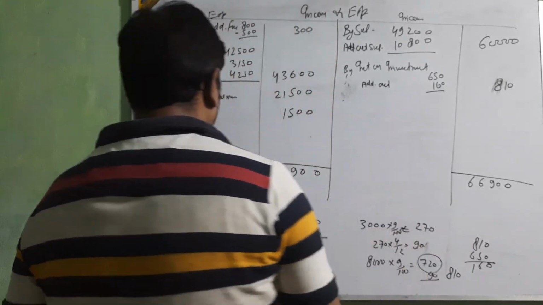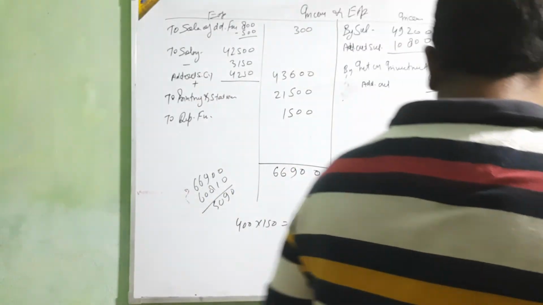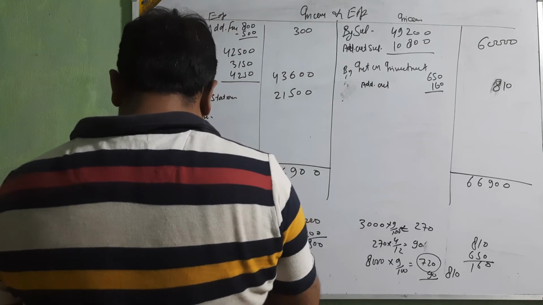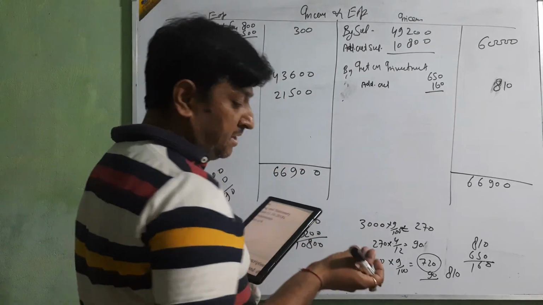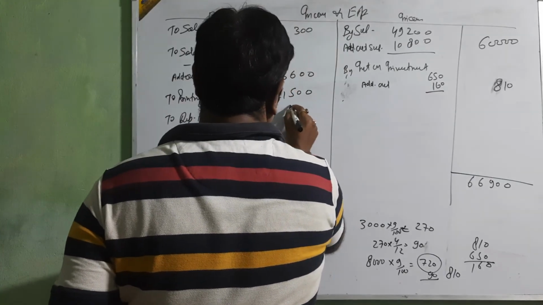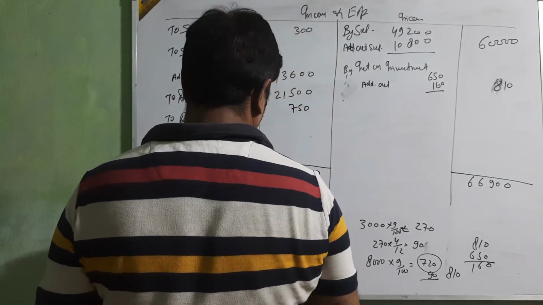Oh, furniture depreciation amount. Again, the date is given. Let's see. Here is the date, beta. It's purchased on 1 October. It means October, November, December, 6 months only. So 750 is there. Okay.